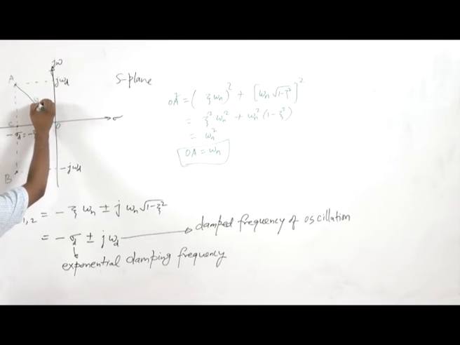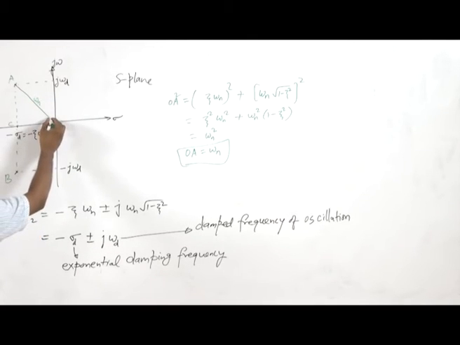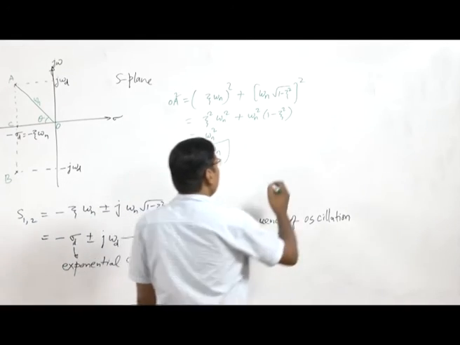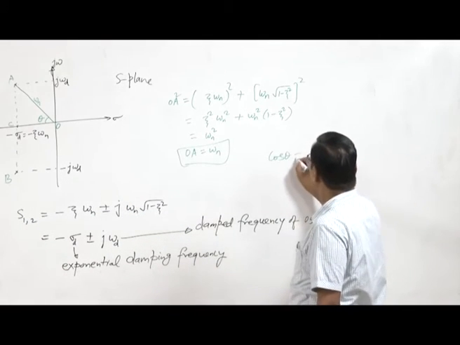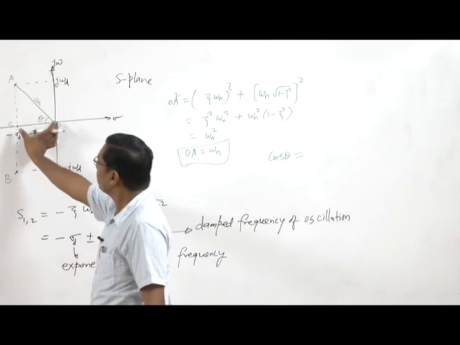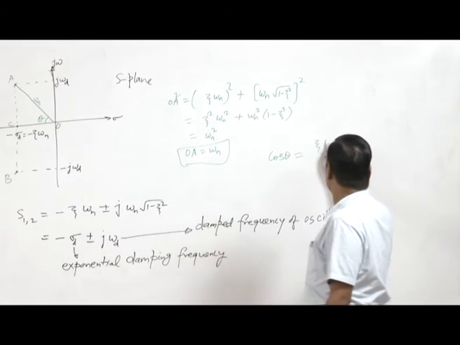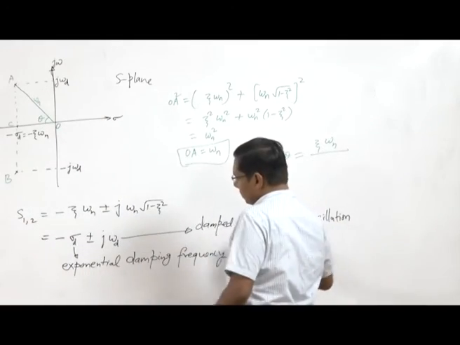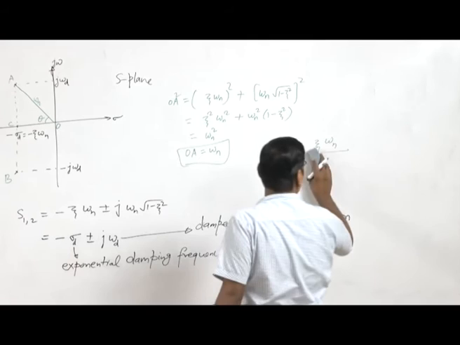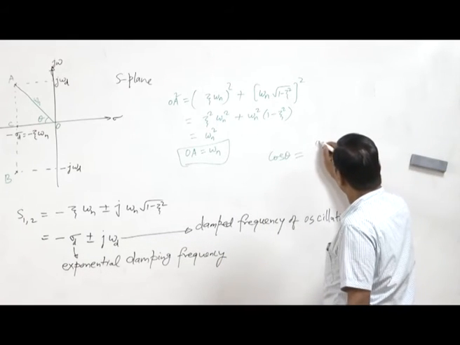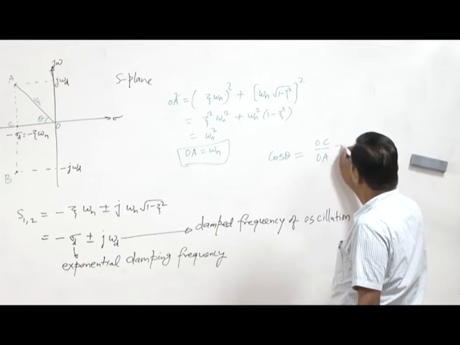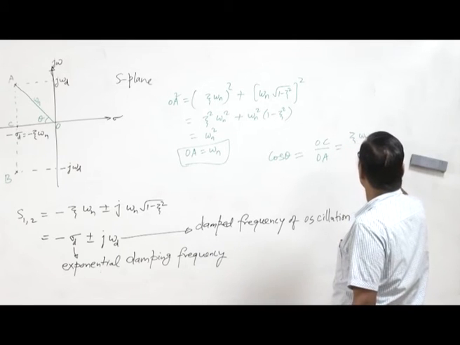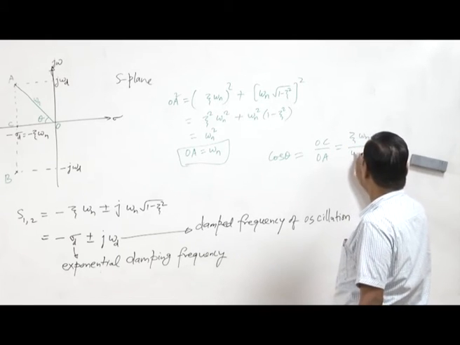So this is omega n. Now, come to this theta. So if we calculate cos theta, so cos theta equal to this quantity zeta omega n upon OA, OC upon OA. So OC is zeta omega n and OA is omega n.